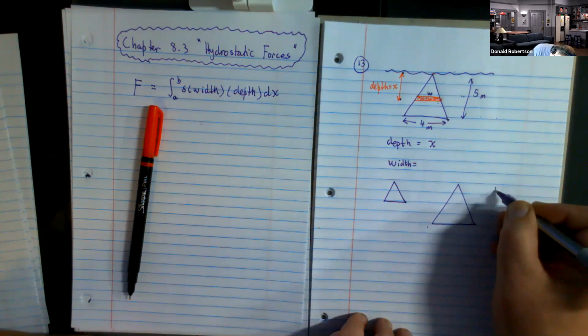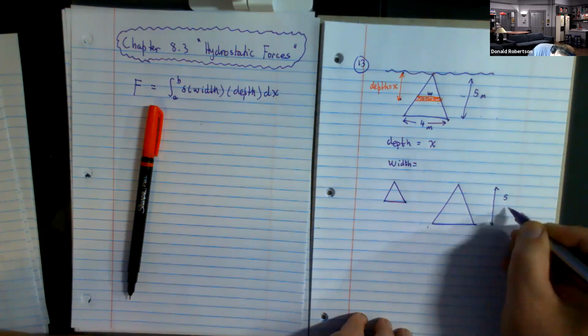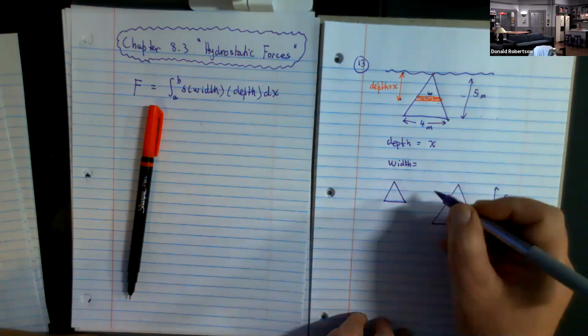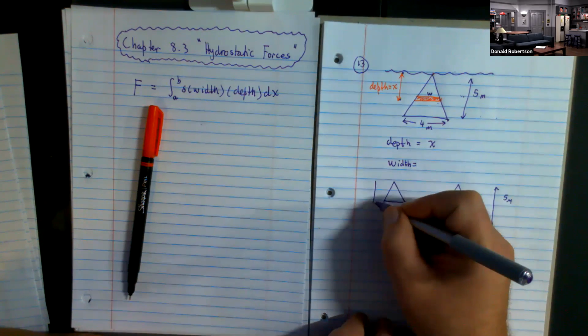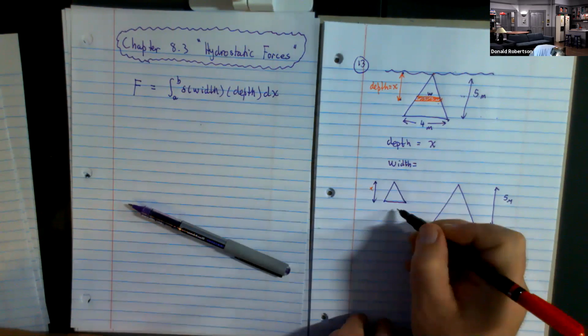And in this picture, the big one is 5 meters and 4 meters. And the little guy is X and W.